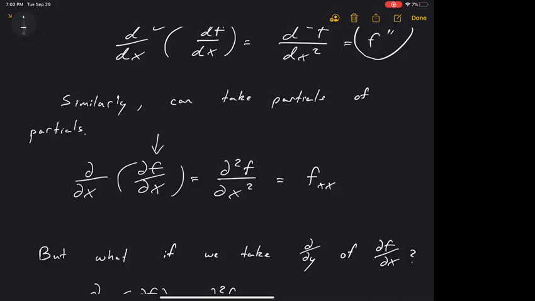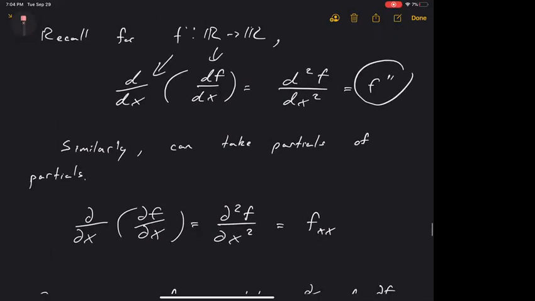First I would find the partial of f with respect to x, and then take the partial derivative of that with respect to x again. That gives me partial squared f over partial x squared, which I could also write as f sub xx, meaning I've taken the partial with respect to x, and then the partial with respect to x again.